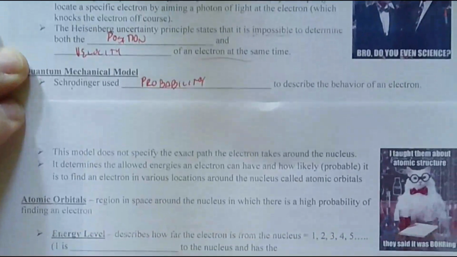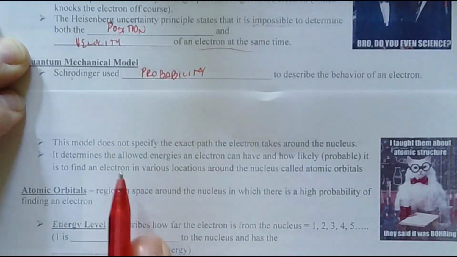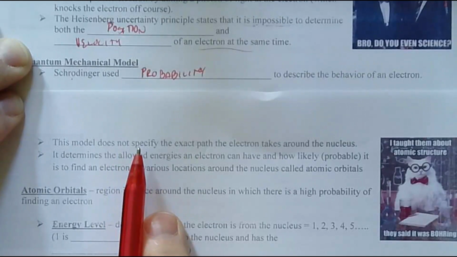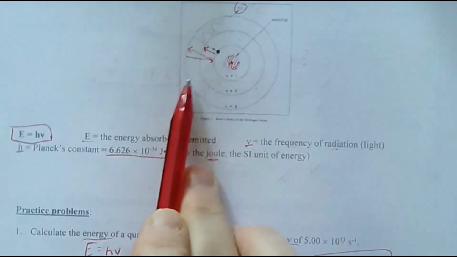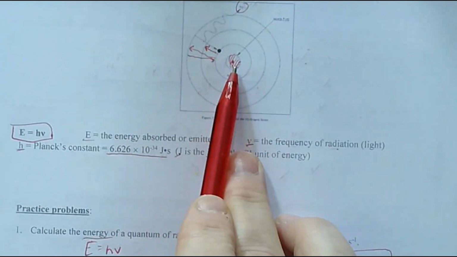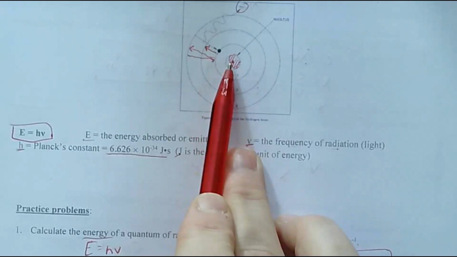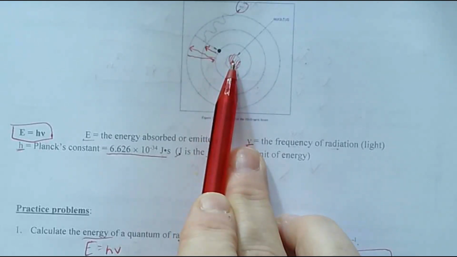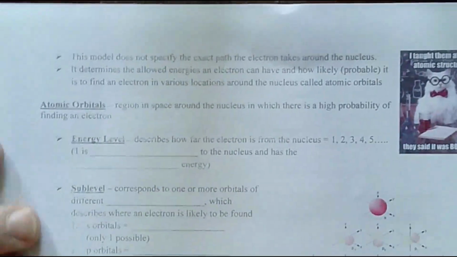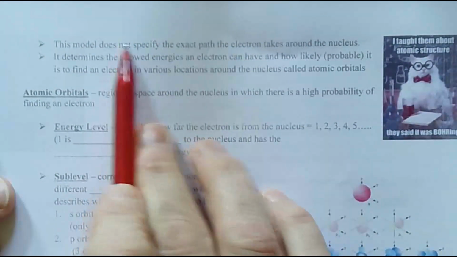And this model altered the Bohr model a little bit, where the Bohr model was saying that you've got these electrons in certain energy levels that are kind of fixed, almost like a solar system type of model, where the planets are orbiting the sun in fixed orbits. Well, the quantum mechanical model kind of threw that out.